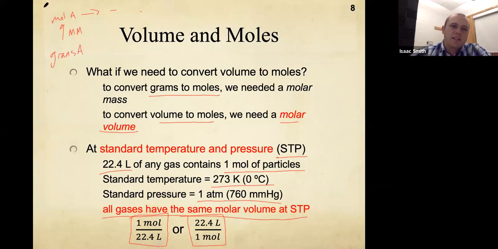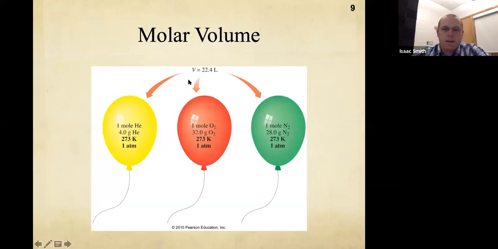So we have another way to get to moles, right? If we start with volume of A, we could go to moles of A using the molar volume. Okay. So this is just kind of a little illustration to show the point. So 1 mole of helium, if you convert from moles to grams using the molar mass of helium, you'd find that 1 mole of helium weighs about 4 grams.